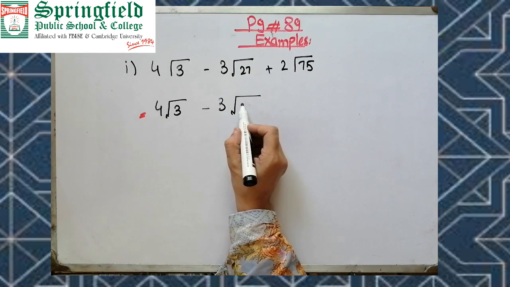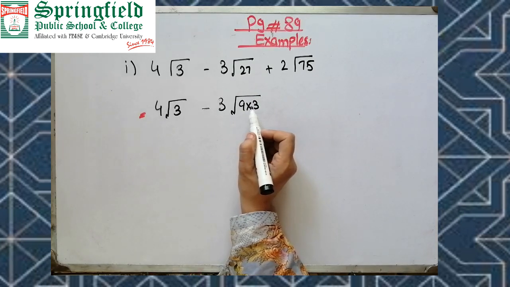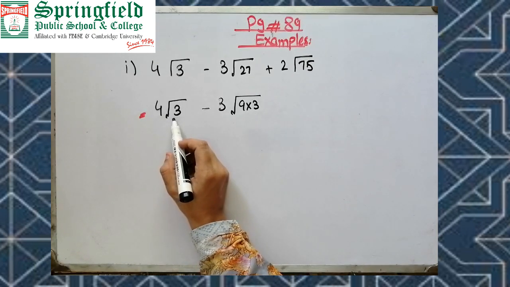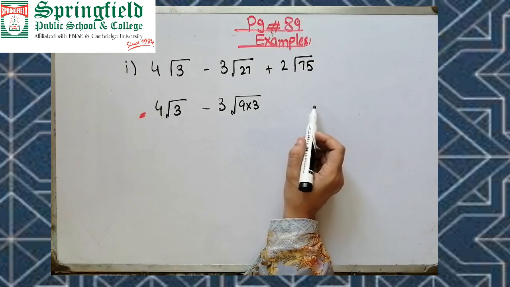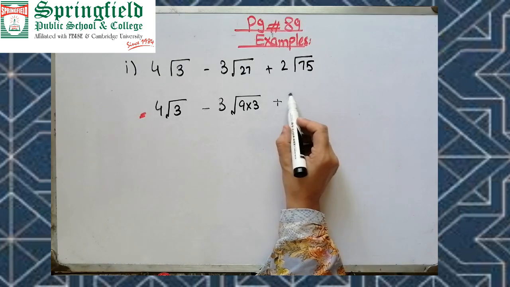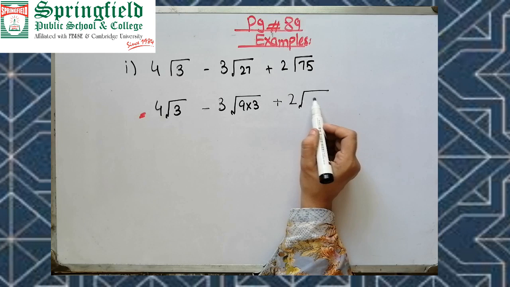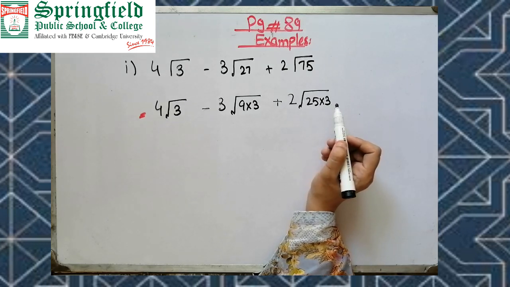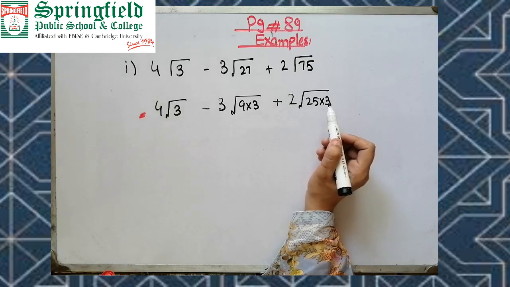So minus 3, 27 can be written as 9 multiply 3, as we know that 9 multiply 3 is equal to 27, and the first value is under root 3. It means we will make under root 3 in each number. So 75 can be written as 25 multiply 3, as we know that 25 multiply 3 is equal to 75.